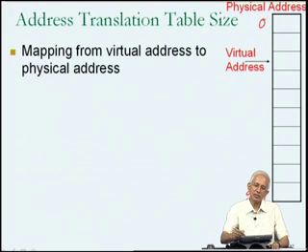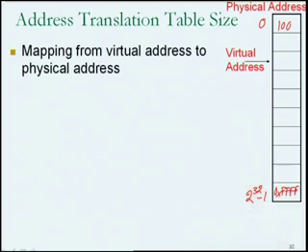For example, suppose virtual address 0 is supposed to translate into physical address 100. Then the first entry in the address translation table will contain physical address 100. Similarly, if virtual address 2 power 32 minus 1 is supposed to translate into physical address hex FFFF, then that's what that entry in the address translation table would contain.